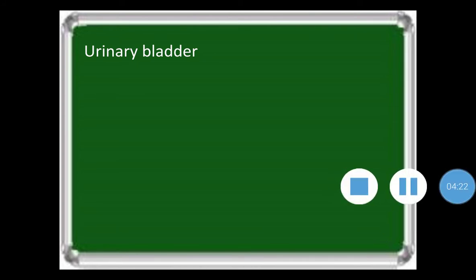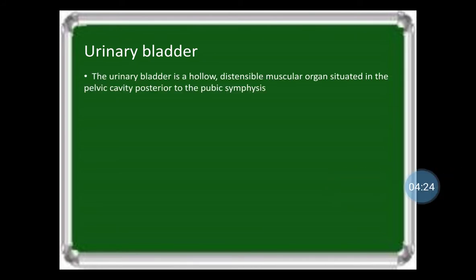Then next, the urinary bladder. The urinary bladder is a hollow, distensible, muscular organ situated in the pelvic cavity, posterior to the pubic symphysis.